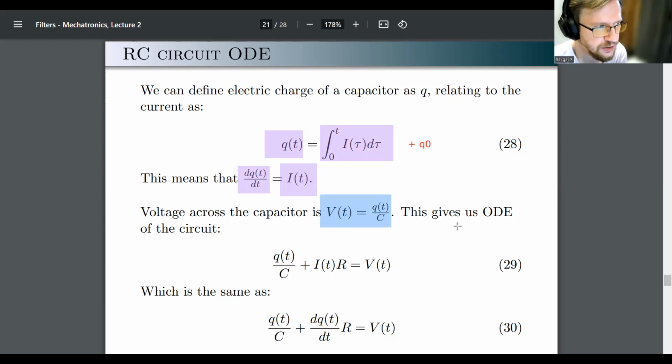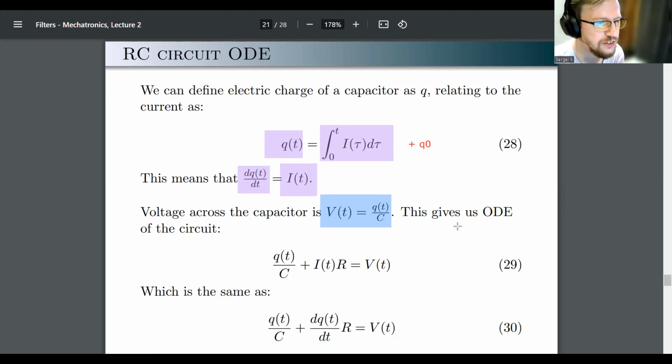As I said before, this is analogous to Ohm's law for a resistor, or to the equation of an inductor, which is the derivative of current times inductance.